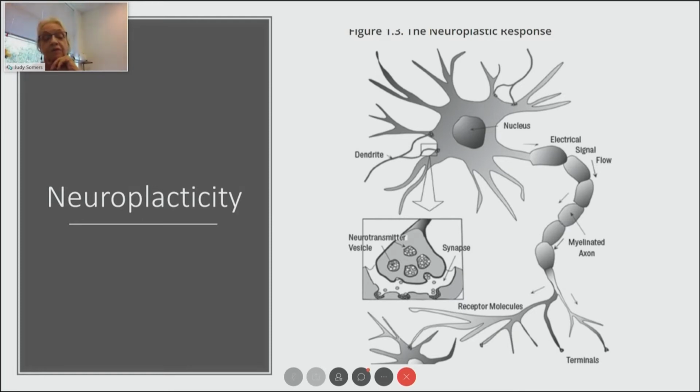And this small diagram shows that the information is then transmitted across the synapse to the dendrites of the next cell, so that creates those neural passageways.